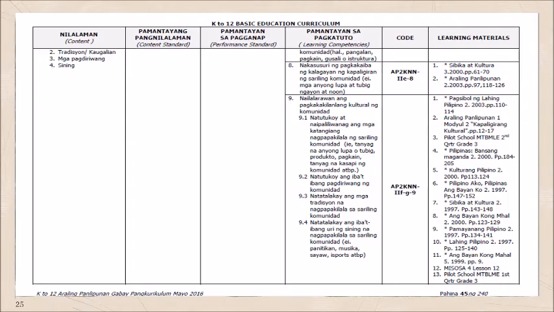Ayan. Ito yung image kung saan nakalagay sa ating curriculum guide yung content or lessons to be covered sa ikalawang markahan sa grade 2. Ito ba yung mga specific lessons to be covered? Ayan.